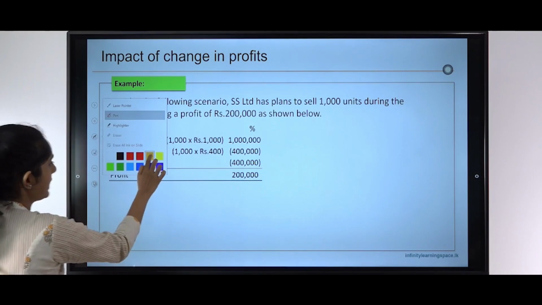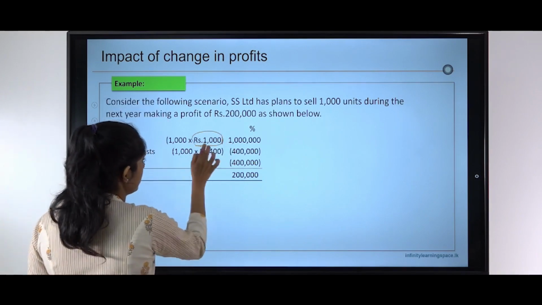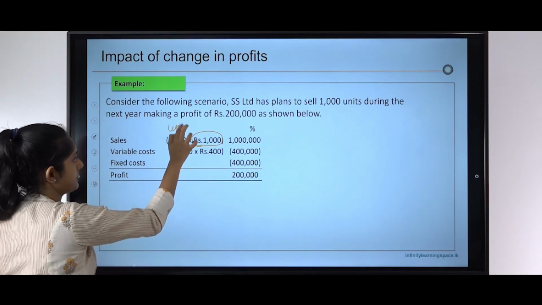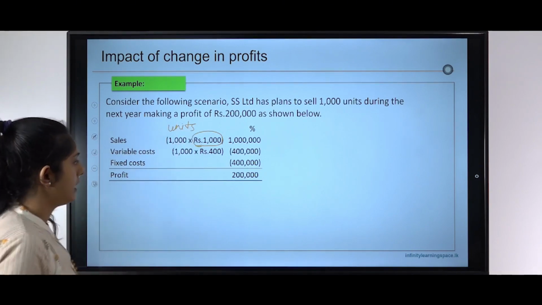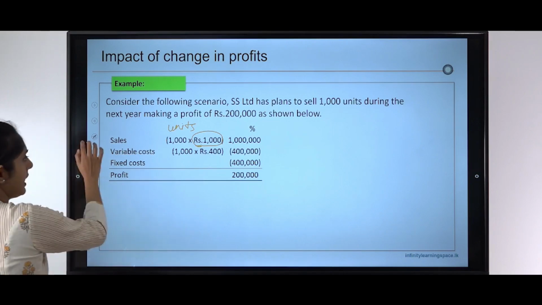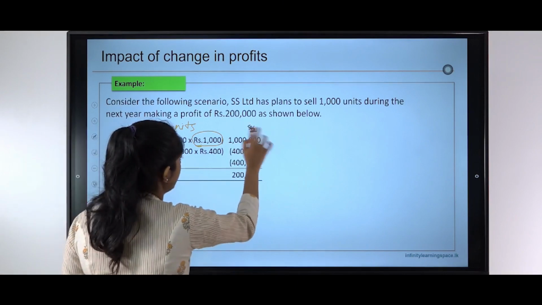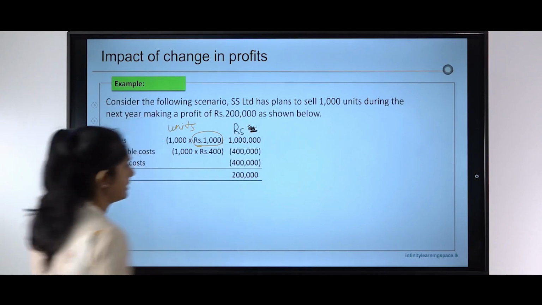So, per unit price is rupees 1000, right, per unit. This 1000 is the units. So, they get a value of 1 million. Sorry, this has to be rupees.